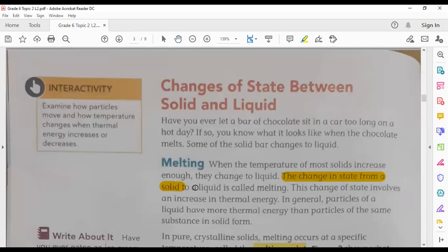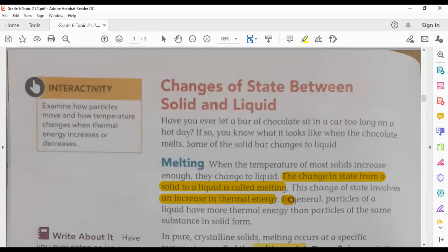And this process, if you remember, involves an increase in thermal energy. When the thermal energy of any solid increases, or when its temperature increases, it changes to a liquid.